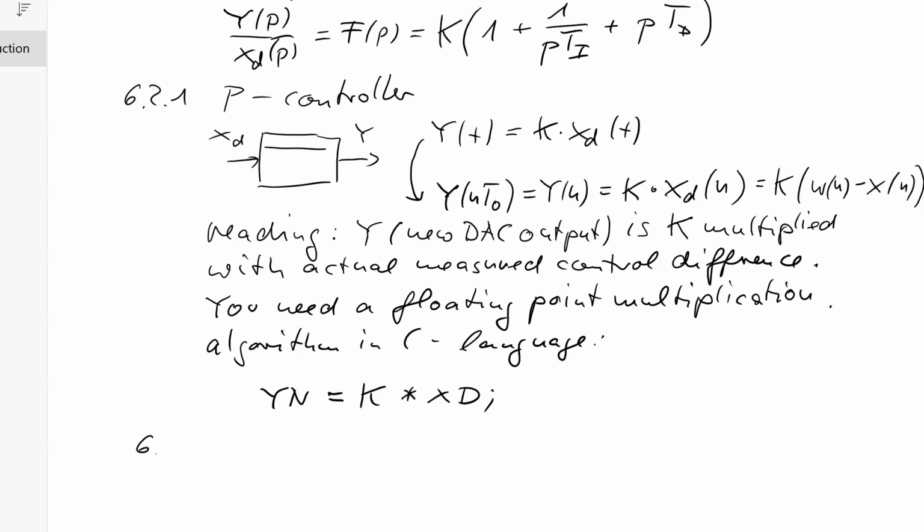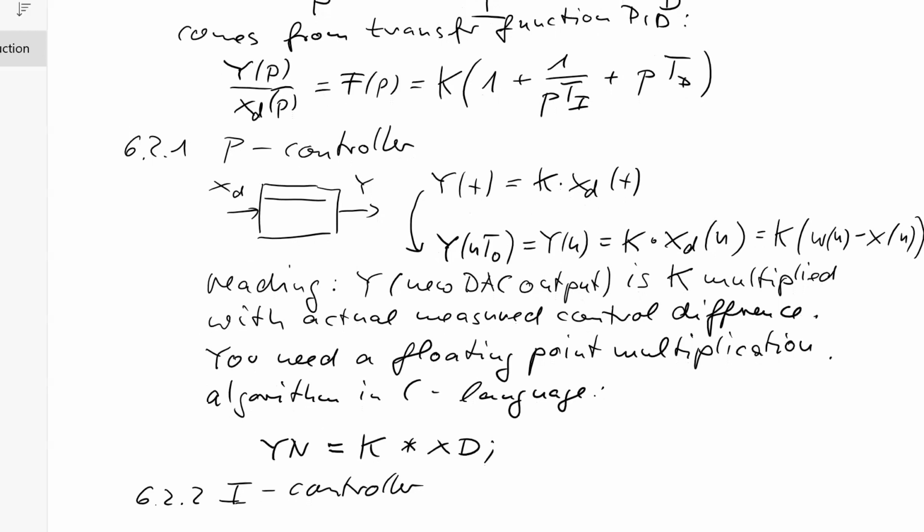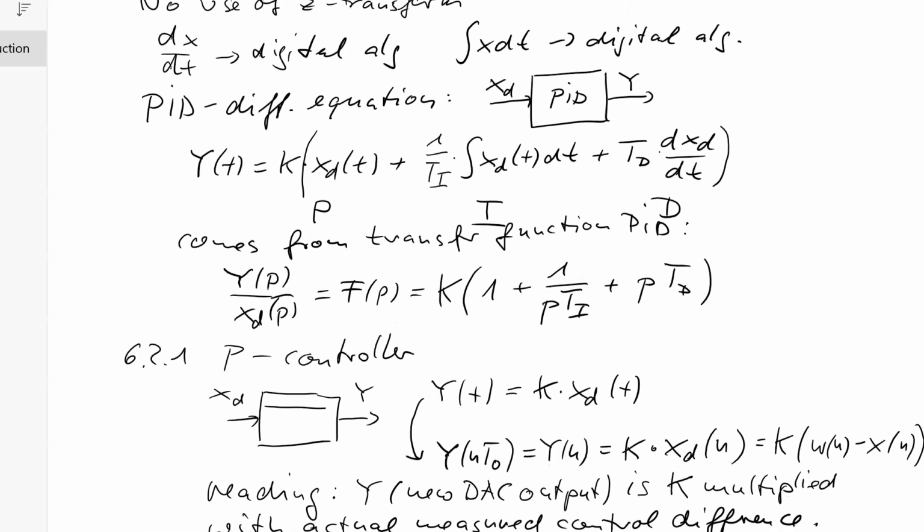Now let's continue with the I controller or integration algorithm. In chapter 6.2.2 you see the integrator works with an integration of the control difference. So this integration must be realized as a digital algorithm. The prefactor here is 1 over ti times k.